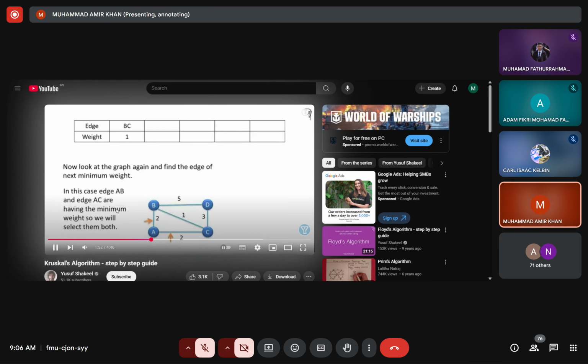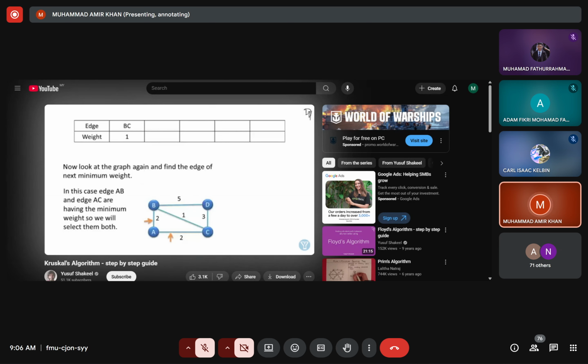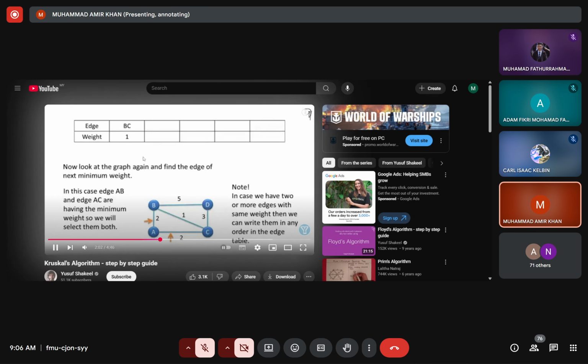And now AB. We have AB and AC having minimum weight, so we'll select both. In this case, we have 2 or more edges with the same weight, then we can write them in any order.